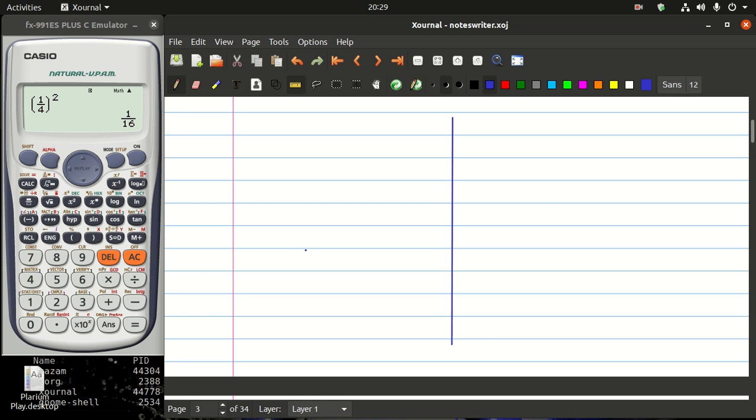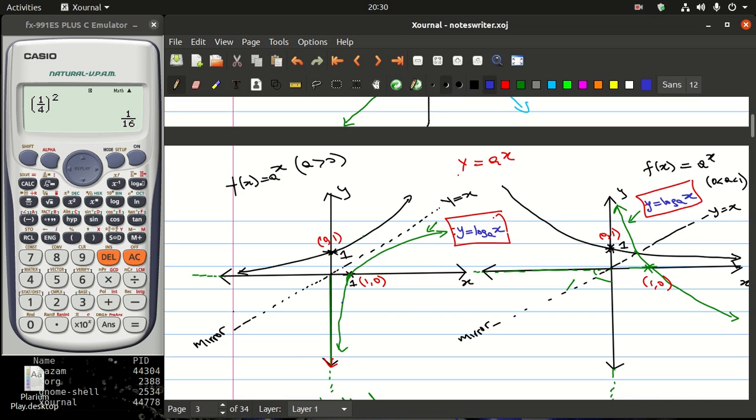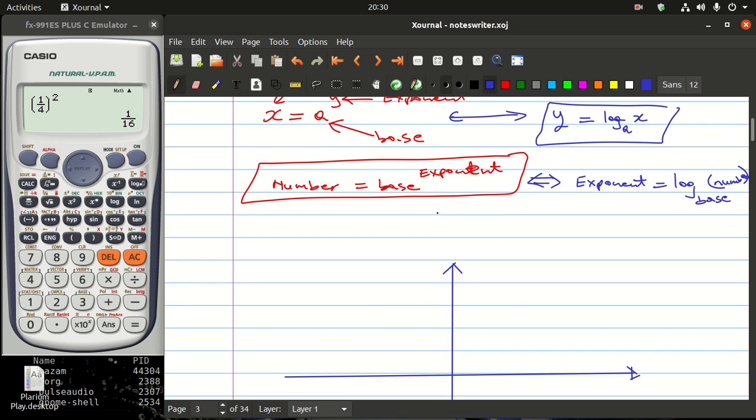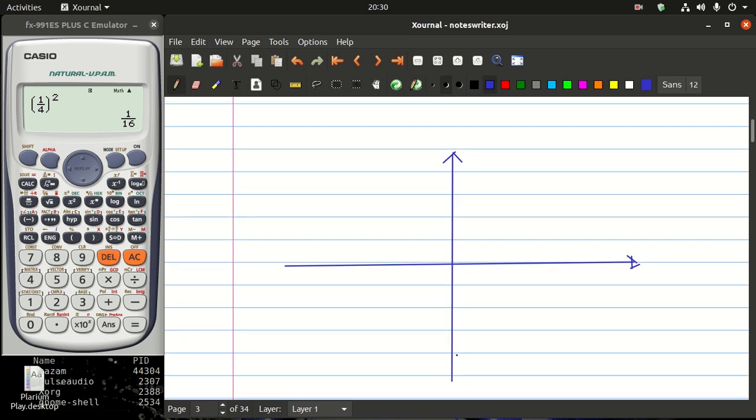When a is greater than 1, we said we ended up with a nice function that is increasing if a is greater than 1. So we had a nice function that is going all this way like this. So this one is y is equal to log ax, and that point here is 1 when x is equal to 1.